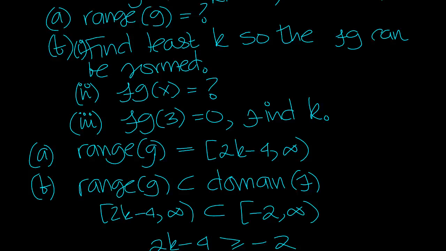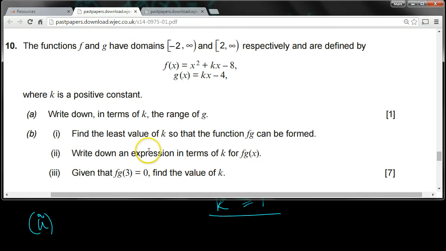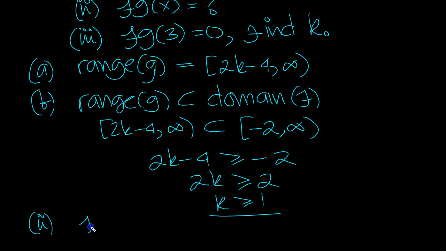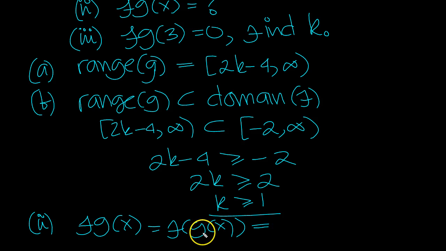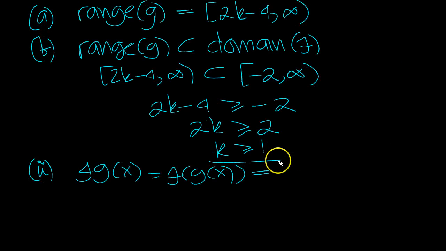And what is the F composite G in part 2? Let's just remind ourselves of the fully worded question. F composite G then is equal to F of G of x, assuming k is bigger than or equal to 1. G of x will be kx minus 4.